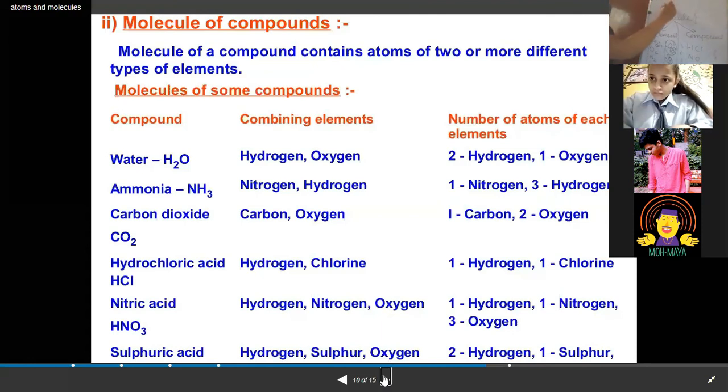For example, H2SO4 means two atoms of hydrogen, one atom of sulfur, and four atoms of oxygen. When they combine, they form one molecule of H2SO4.